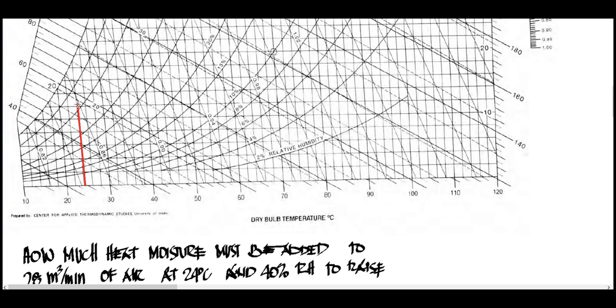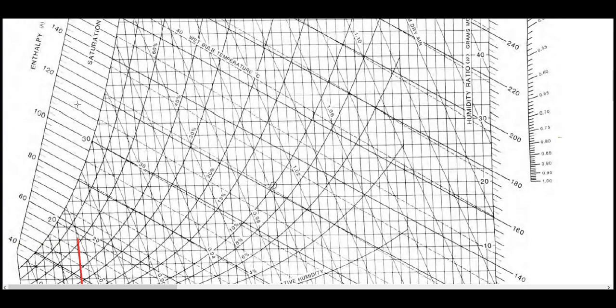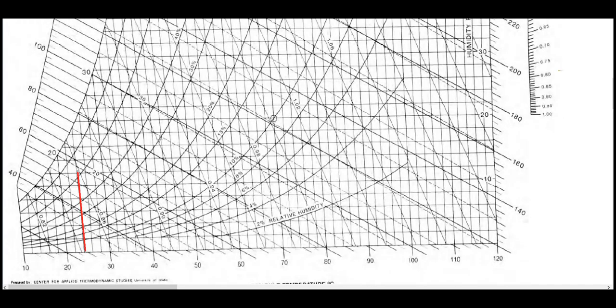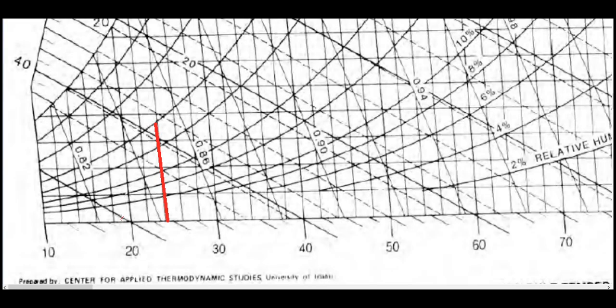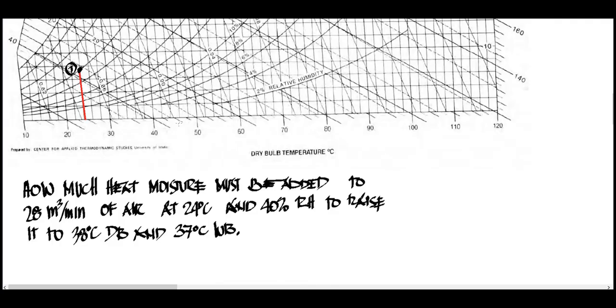I think this curve is the 60, so this one is the 40% RH. I'm bringing that here. Okay, so now this will be our point 1, so we mark it as 0.1.